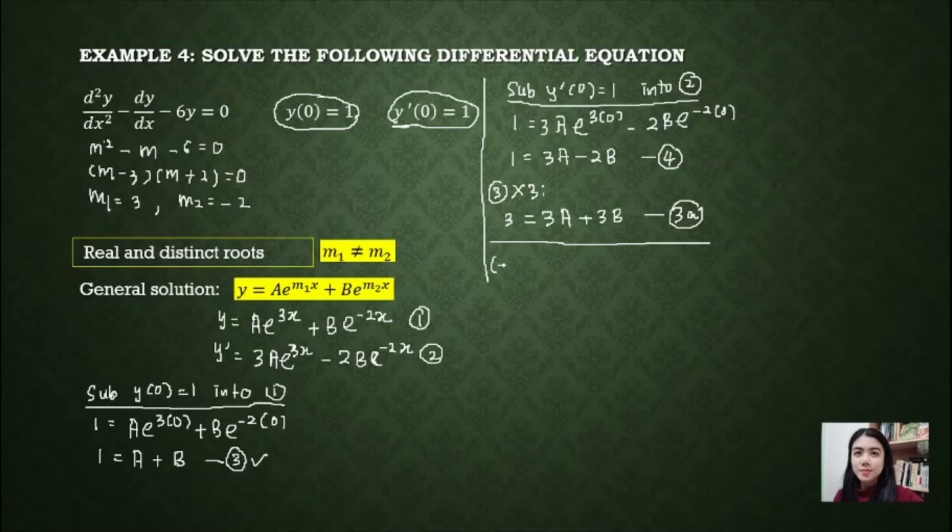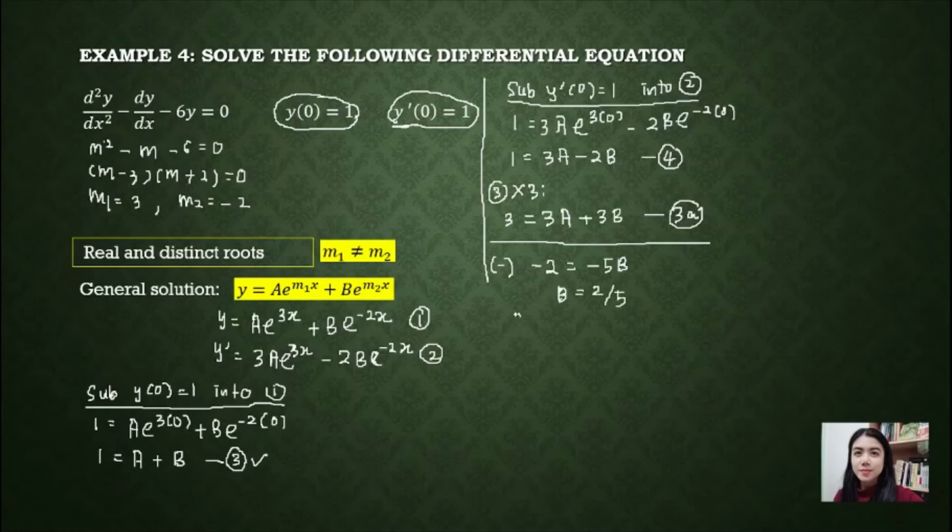So 1 minus 3 will give you minus 2. 3a minus 3a will give you 0. Then you have minus 2b minus positive 3b, this gives you minus 5b. Let's simplify this one. If you simplify, you will have your value of b that is 2 over 5.